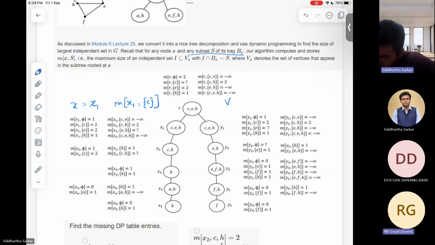Let us say we want to find Vx1. So first thing is, what are the bags rooted at x1? I mean, in the subtree rooted at x1, these are the bags. Now, what are the contents of these bags? C, E, H, and anything else? A is there. Yes. So therefore, by definition, this is the value of V sub x1.